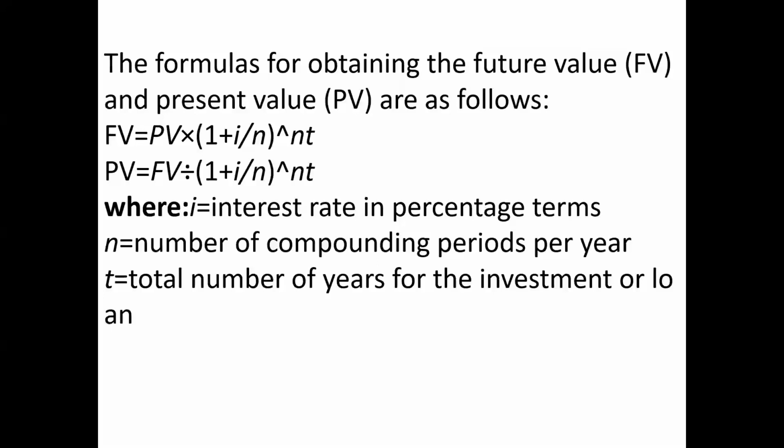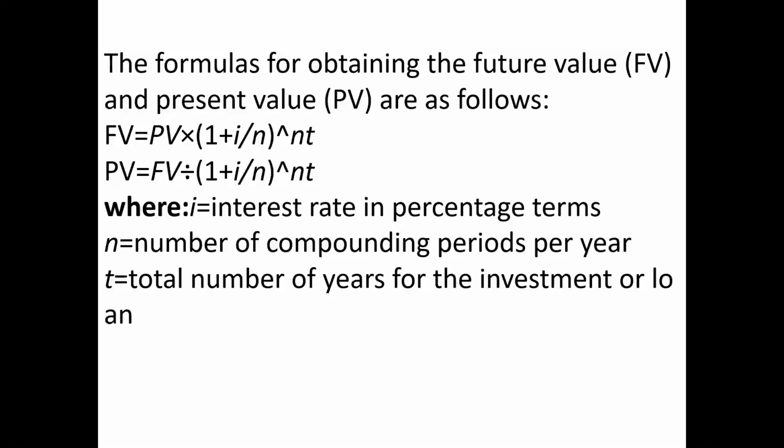That is the formula for FV and present value, PV. So the formula is FV equal to PV into (1 plus i by n) whole thing to the power nt. And if it is PV, then PV equal to FV divided by (1 plus i by n) whole thing to the power nt.